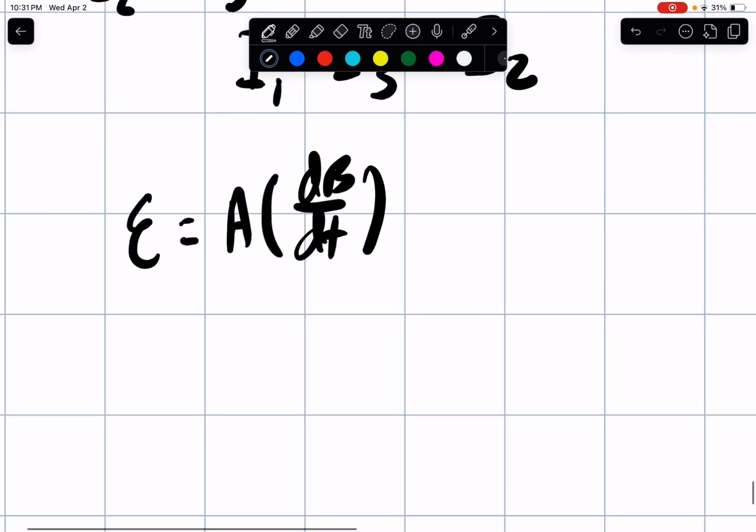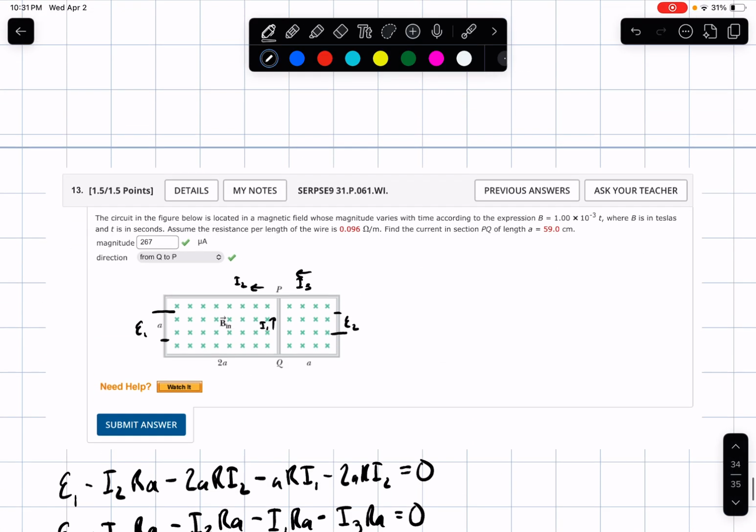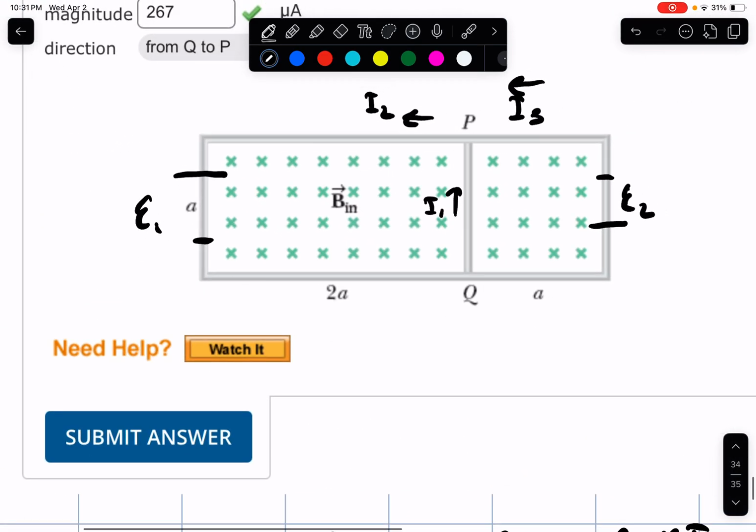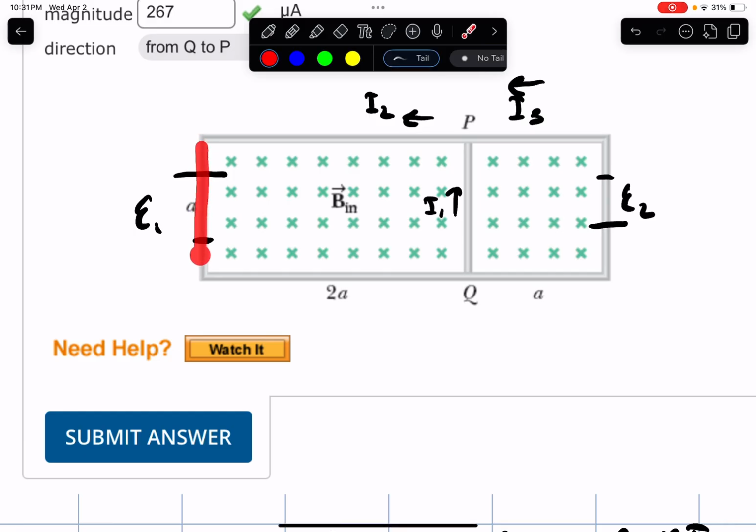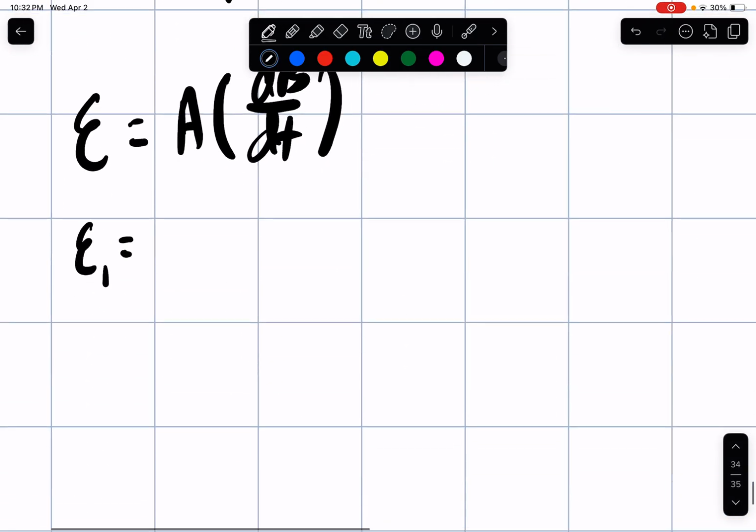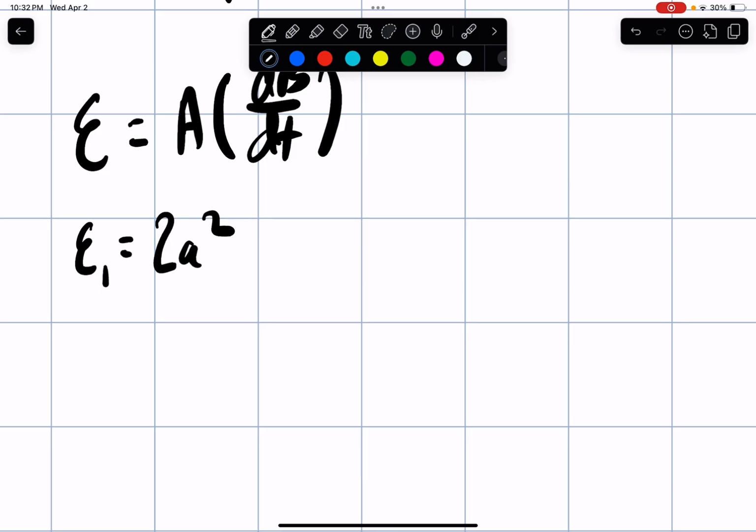Your first EMF will be equal to A. And if you look back up here, the dimensions would be A for the width, and then 2A for the length. So it will be 2A times A for the area, and that will be 2A squared.